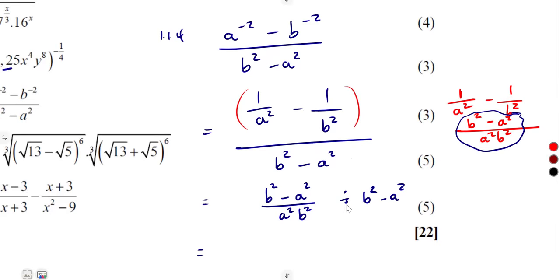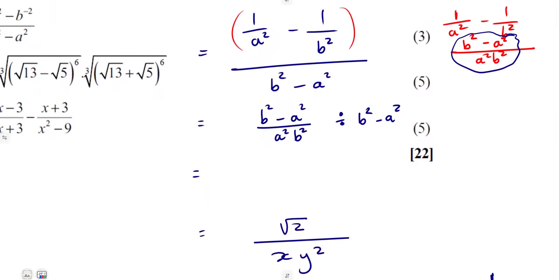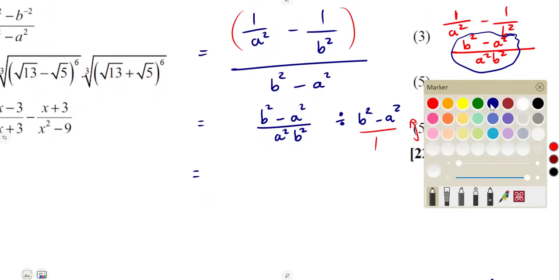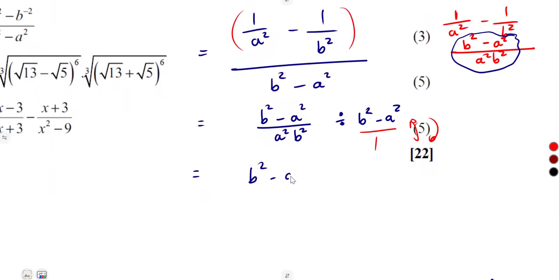So remember, when you are dealing with a division, you must introduce a multiplication, then invert the second fraction. So this is over 1, so you just have to interchange those. So introduce multiplication: b squared minus a squared over a squared b squared times, the moment you multiply, you have to interchange that. So it's 1 over b squared minus a squared.